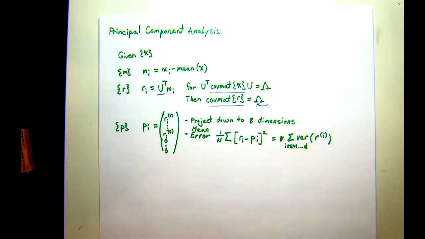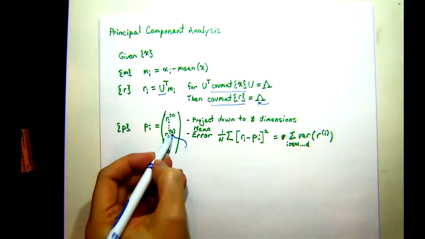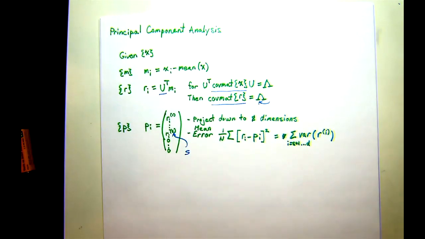We have no covariance. And now what we want to do is get rid of a bunch of the dimensions. The way we're going to do this is select the eigenvalues that are the smallest, and zero out all of those dimensions. So we do a projection down from a d-dimensional space to an s-dimensional space, this is a little s, in case that isn't obvious. Now, why can we do this?